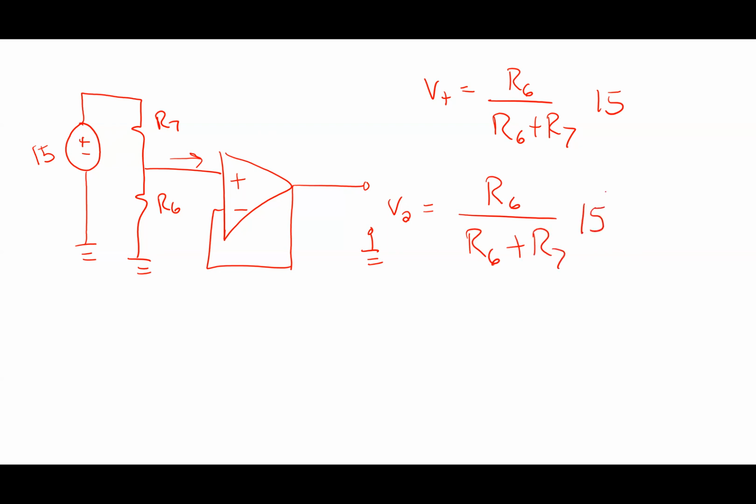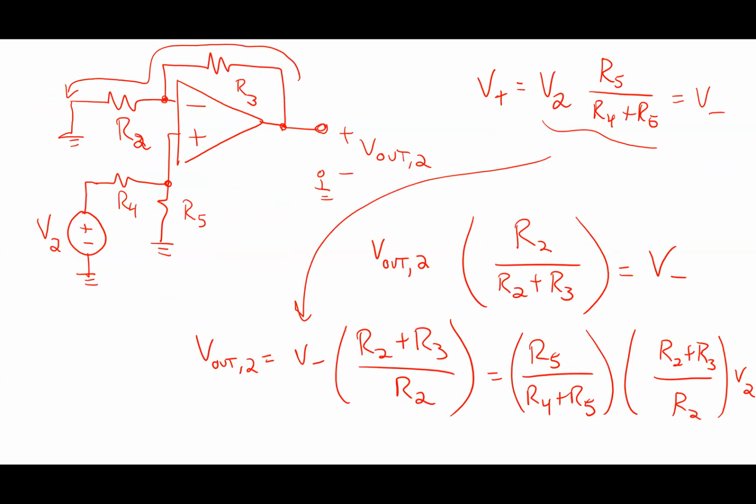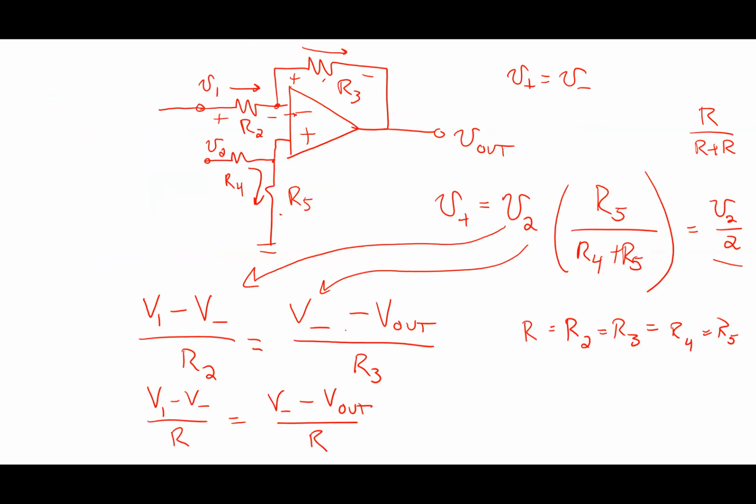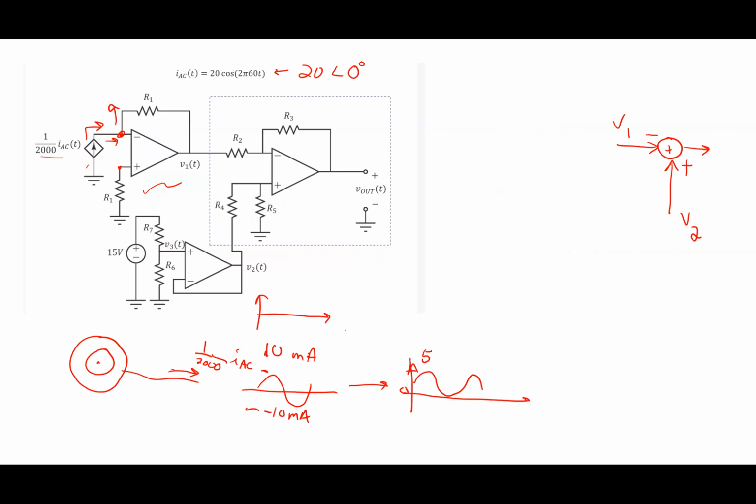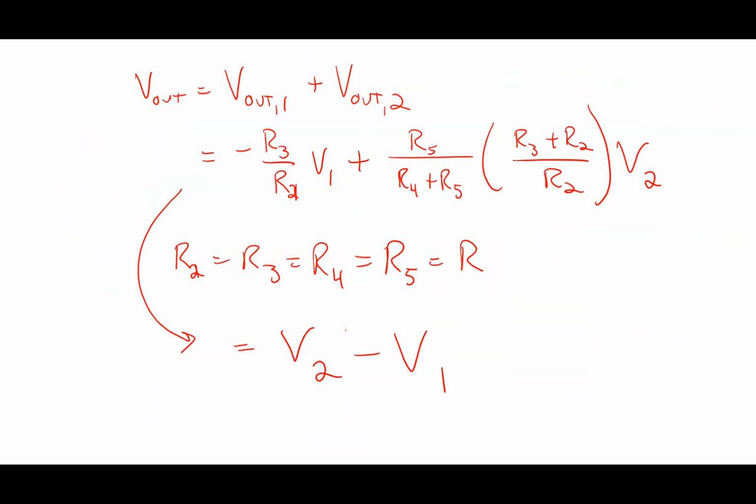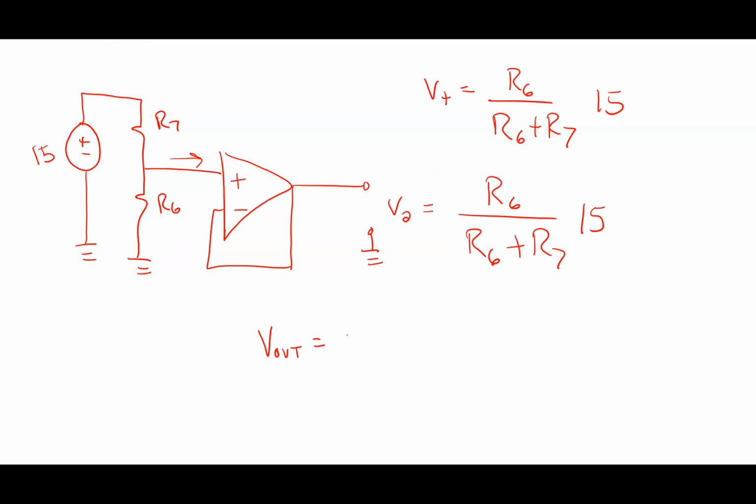Like that. Okay. And what I said was, for my output, my total output of the whole thing is V out equals, for that circuit that we had, this differential amplifier thing, right? We found V out was V2 minus V1.